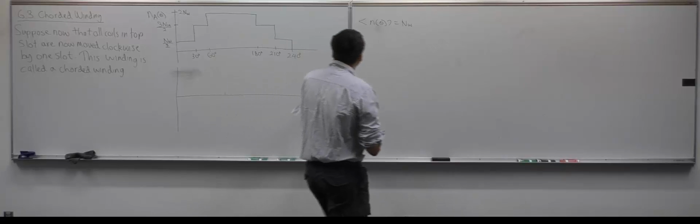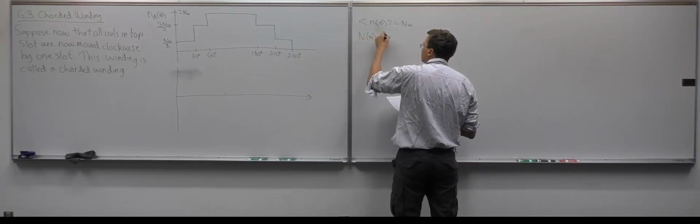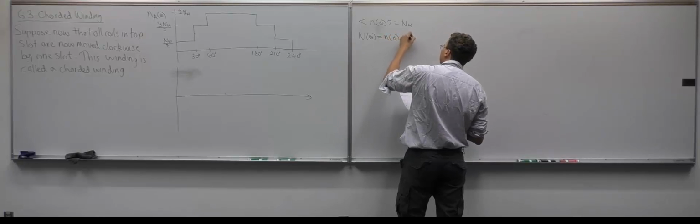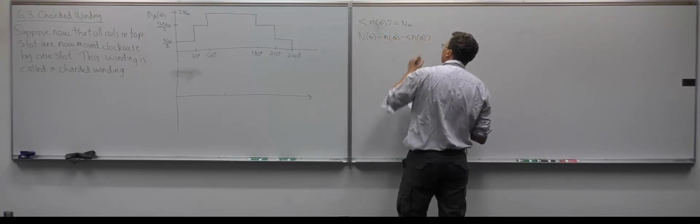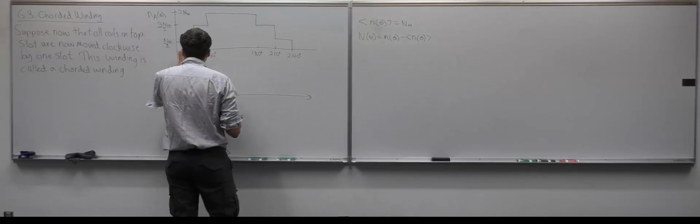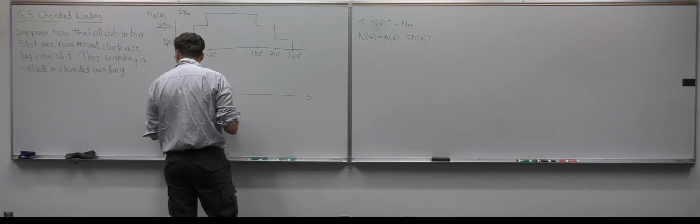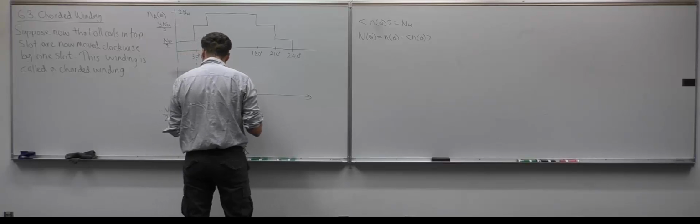As you know, the winding function is equal to the turns function minus the average of the turns function, and so we get minus NW over 2, and then it jumps up.